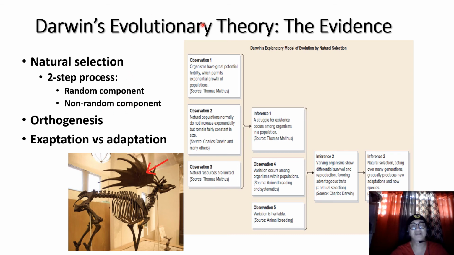However, genetic research on the nature of variation has rejected these genetic predictions of orthogenesis.